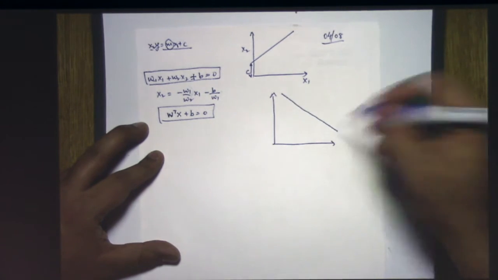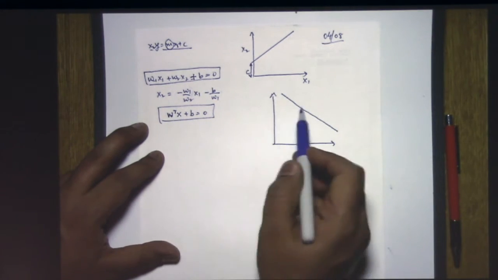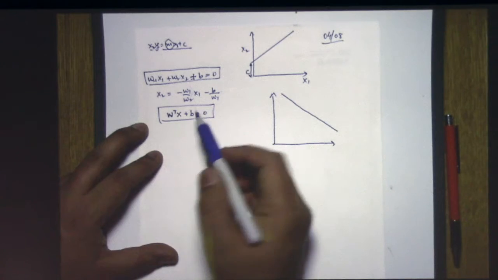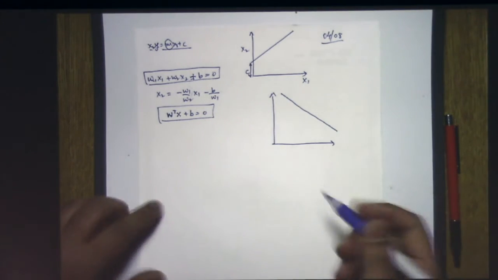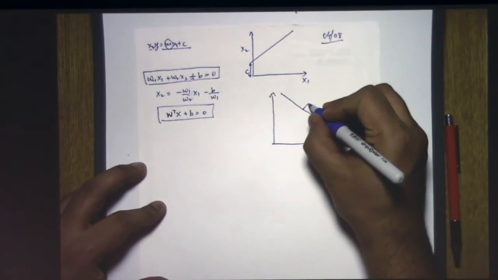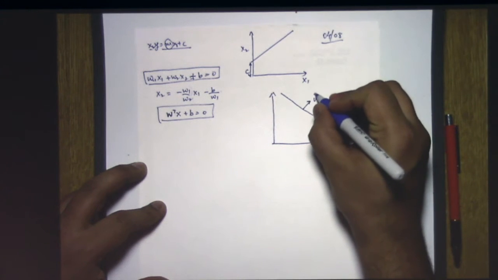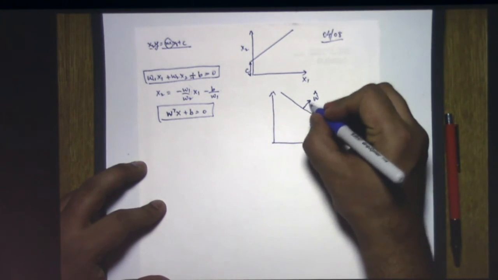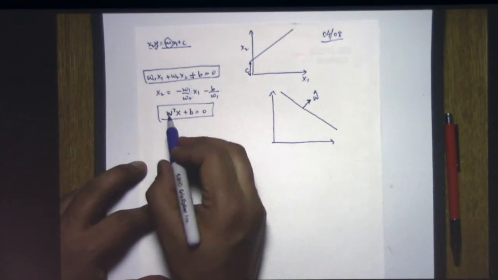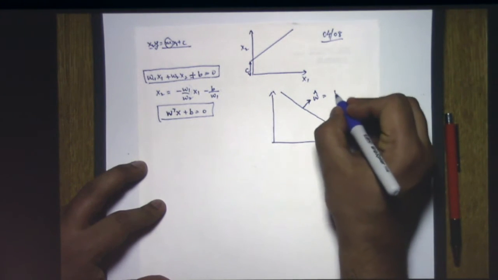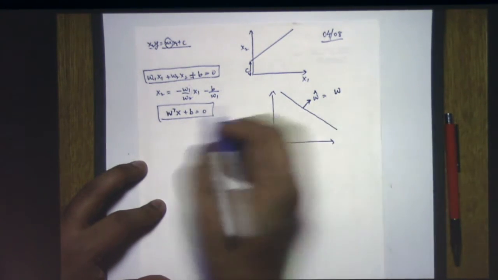So let's say the line looks like this. If the equation of this line is w transpose x plus b, then if you go back and do your geometry, a unit vector that is perpendicular to this line is given by this. This is nothing but W, where W is a vector.